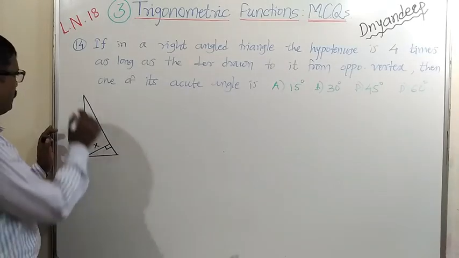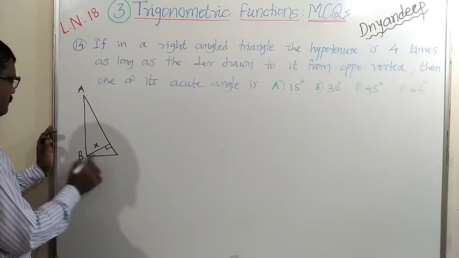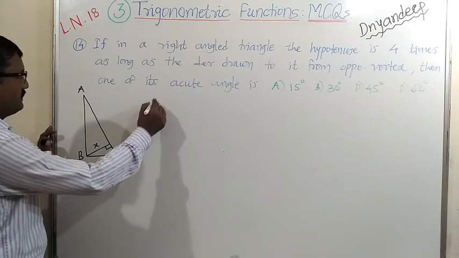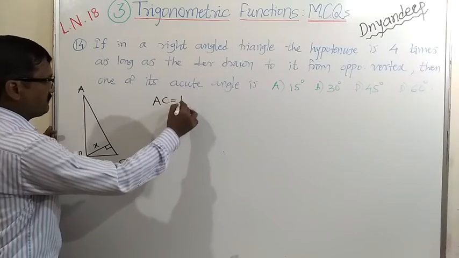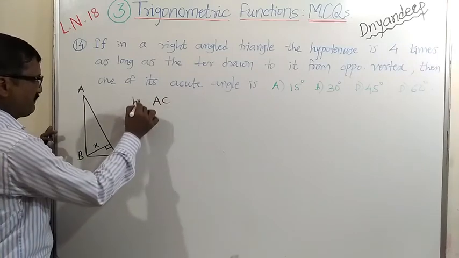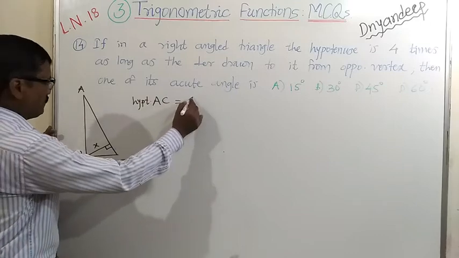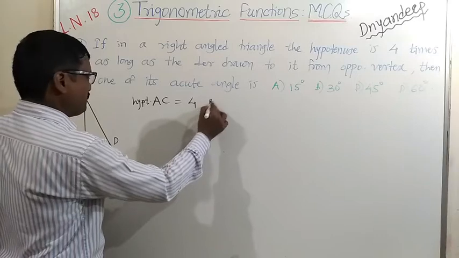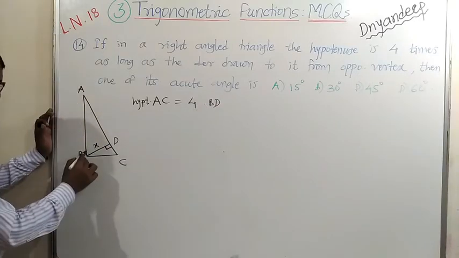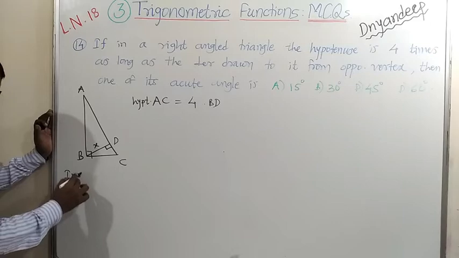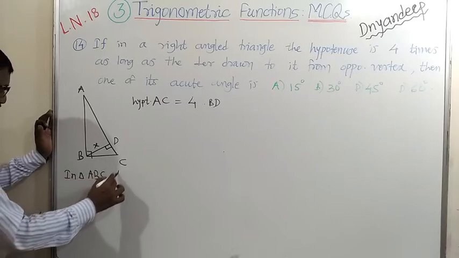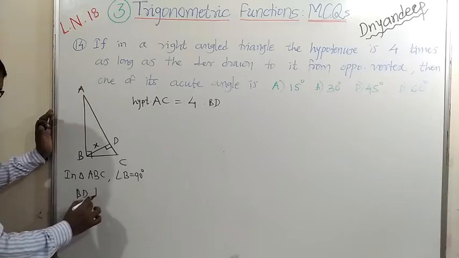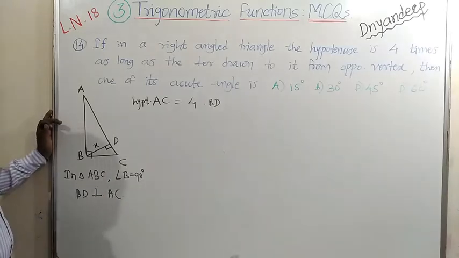Then in triangle ABC, AC is the hypotenuse, equal to 4 times the perpendicular BD, because here angle B equals 90 degrees and BD is perpendicular to AC.